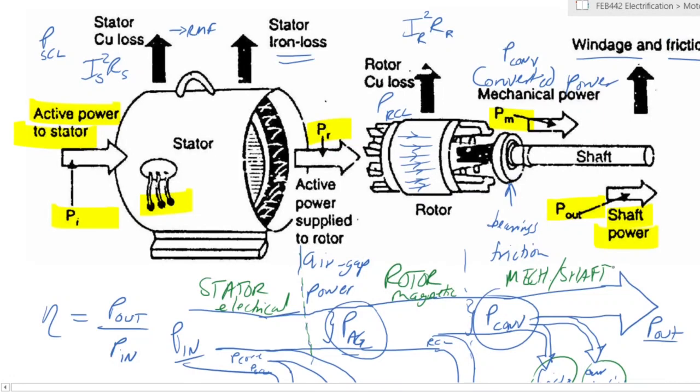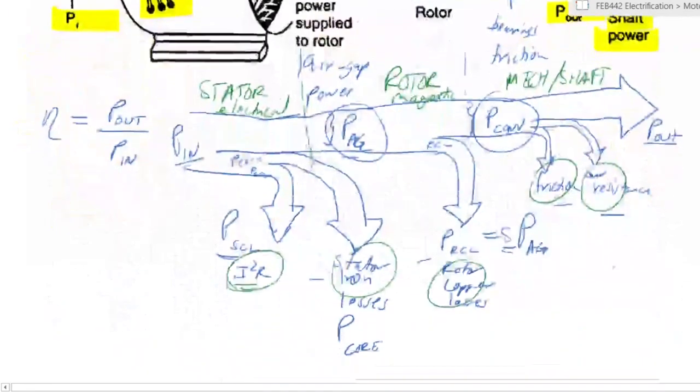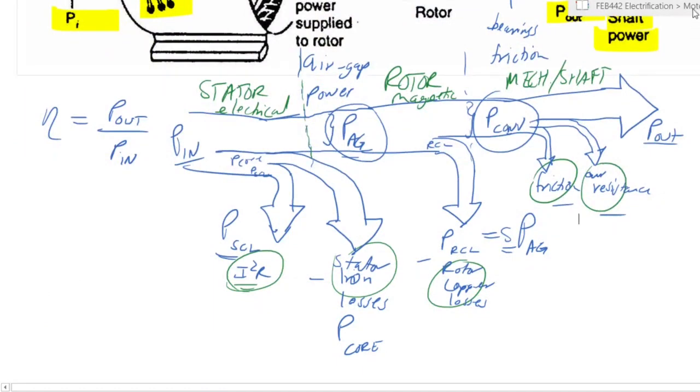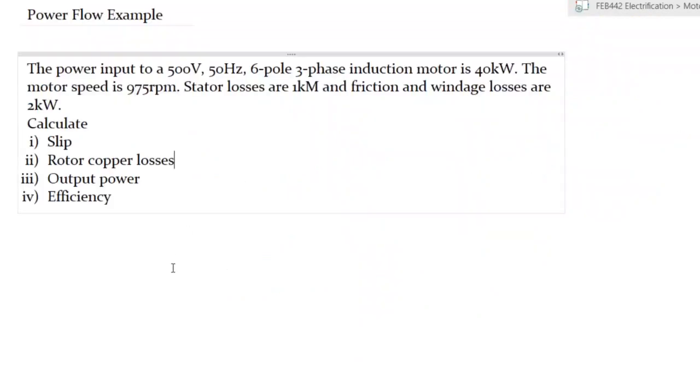aerodynamic way of operating. However, even after saying all that, even after having all those losses, the losses themselves are not that big. So let's go ahead and do an example to demonstrate the nature of the losses that we have. So straight away, you have the power input to a machine is all that.